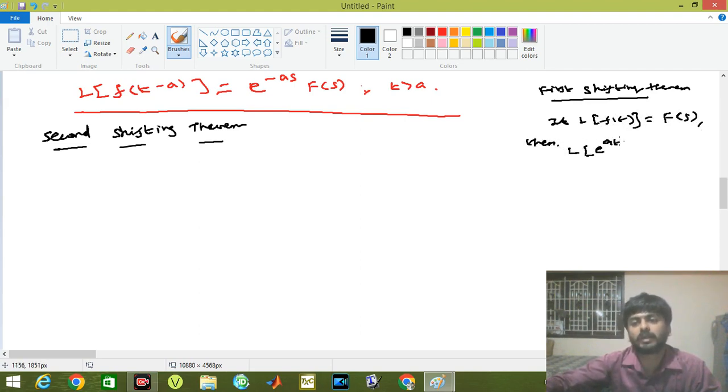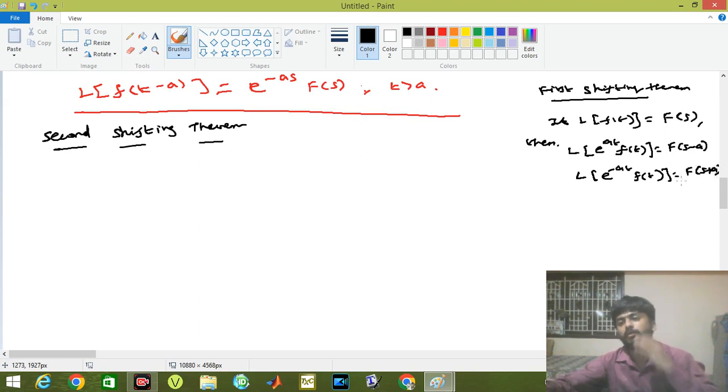L of e power a t f of t equals f of s minus a, and L of e power minus a t f of t equals f of s plus a. These two results are called the first shifting theorem.